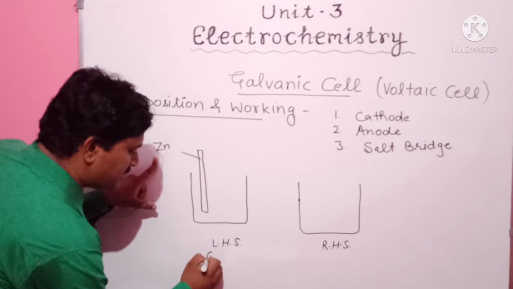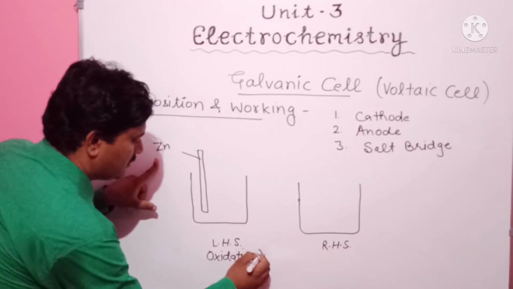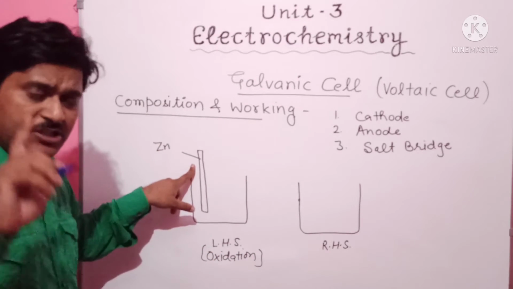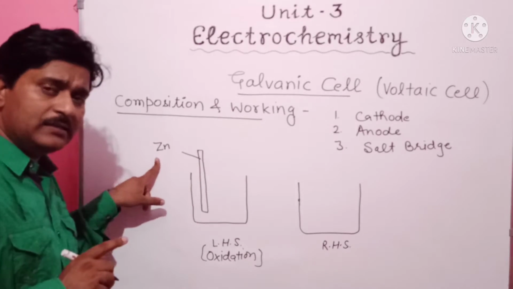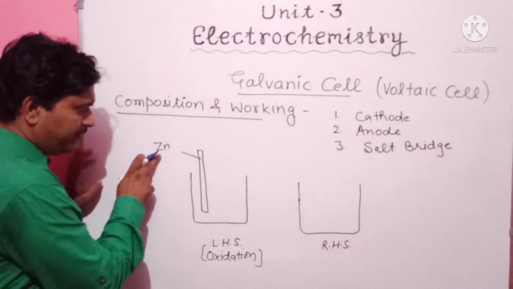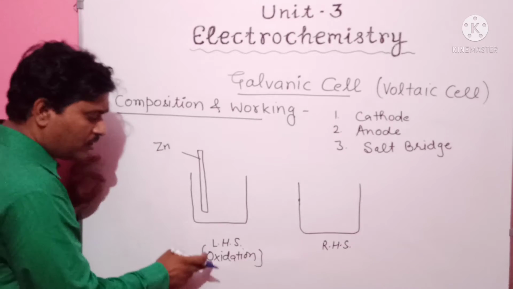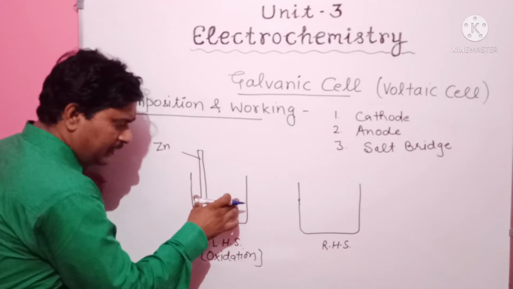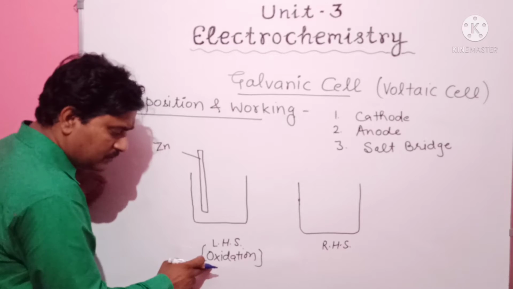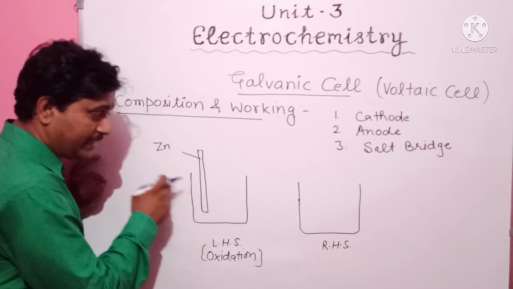So here oxidation occurs. Oxidation means we have to take an electrode made of a metal which loses electrons. The container towards the left side is where the oxidation process occurs at that electrode.